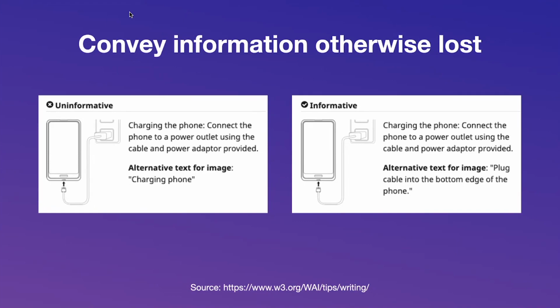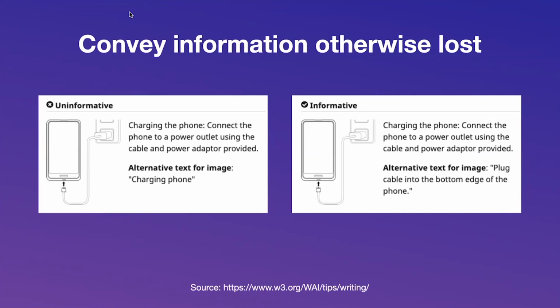Now, if you imagine you couldn't see that image, if that image was just deleted and all you got was the alternative text on the left, you just have the words charging phone. That is a very common example of alt text that people will provide. They'll just go, oh, this is image, charging phone, done. But if you actually think about what the image is trying to achieve, the example on the right is more practical. So this would say something like plug cable into the bottom edge of the phone. So it's actually describing the information that's relevant.